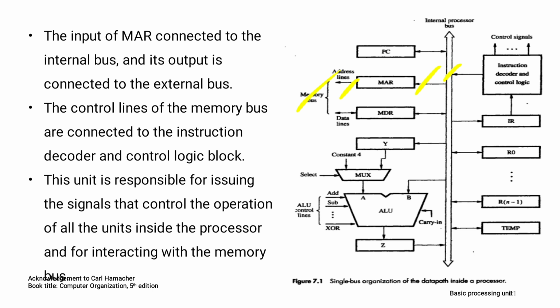The control lines of the memory bus are connected to the instruction decoder and control logic block. This block is responsible for issuing the control signals to all the different parts of the processor to control the operation of all the units inside the processor and for interacting with the memory bus.